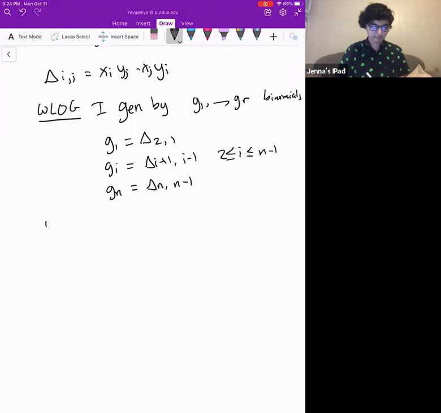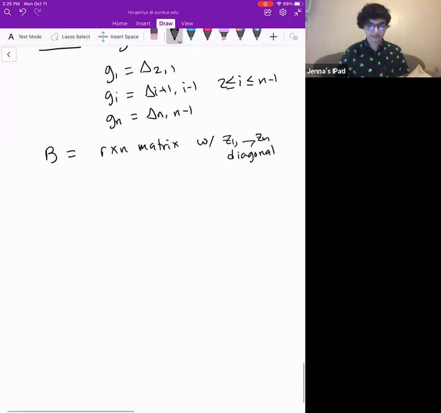And then we have a matrix B, which is an r by n matrix with z1 through zn on the diagonal and zeros everywhere else.